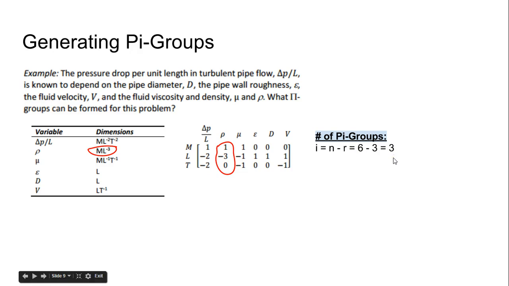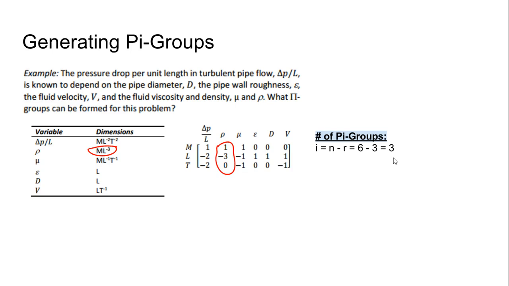Now, before we get there, one clarification I do want to make. Let's say I have a pi group, let's say A again, right? Now, the thing is, I can generate technically an infinite number of pi groups, right? So if you think about it, okay, I have A as a pi group. Well, 2A is also a pi group, right? A squared is also a pi group. Square root of A is also a pi group. A over 2 is also a pi group, right?